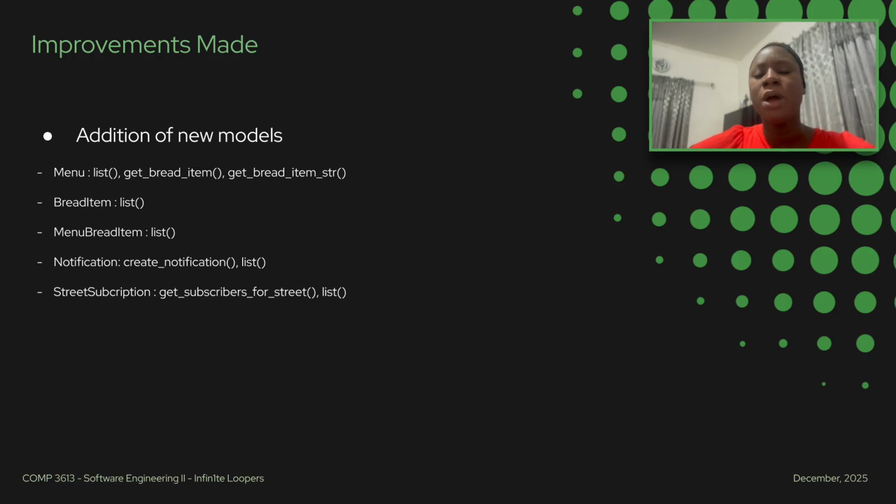The menu model represents a collection of bread items for a specific drive, and it includes methods such as get bread item and get bread item str, both of which will retrieve bread items available for that menu. The bread item model represents the individual item for purchase.